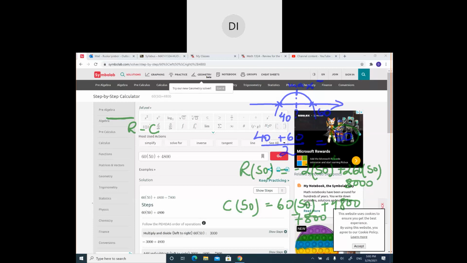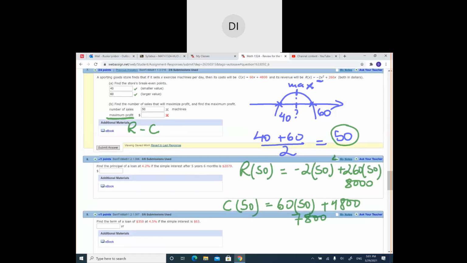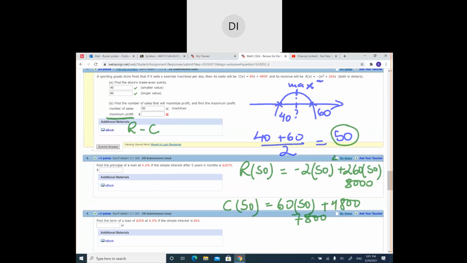Okay. And then going back to my problem here, I need to do 8,000 revenue minus cost. So I have to subtract 8,000 minus 7,800, and that's going to be 200.